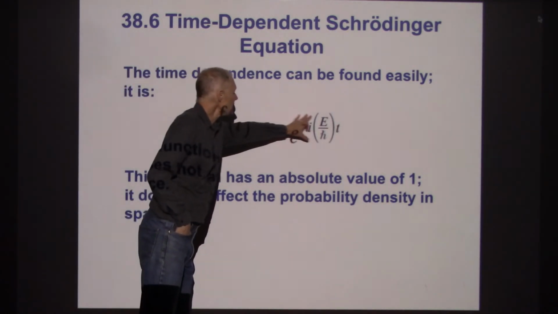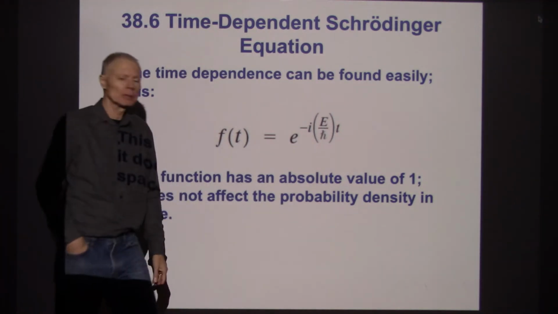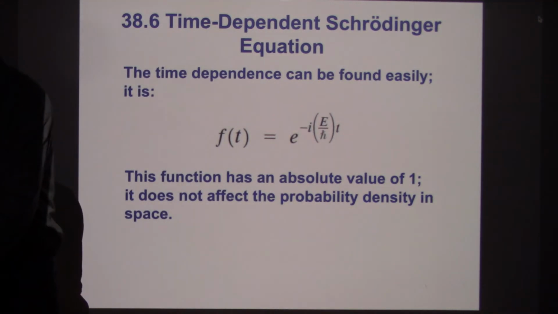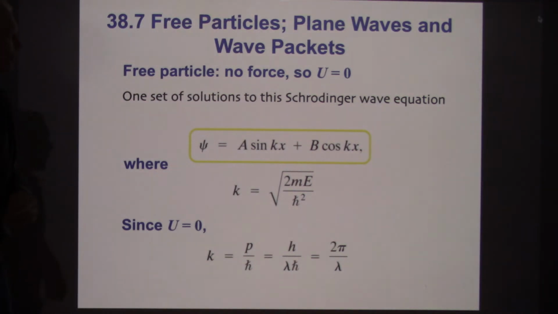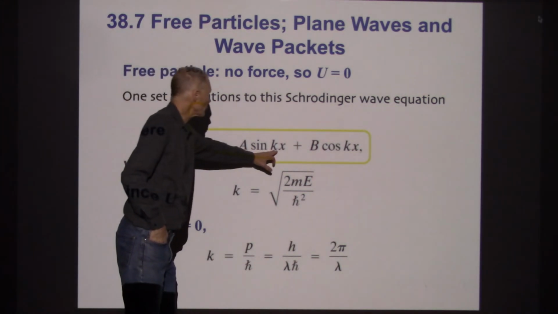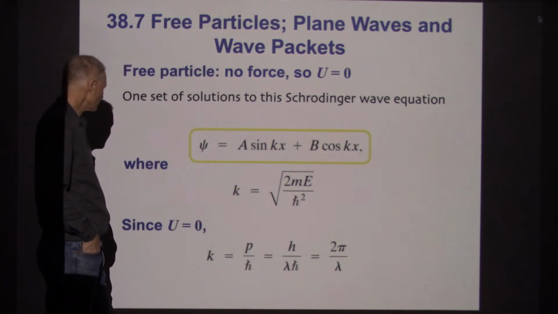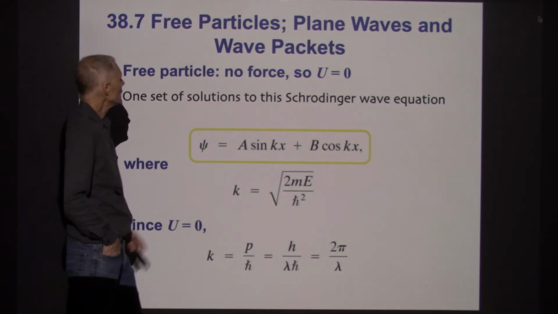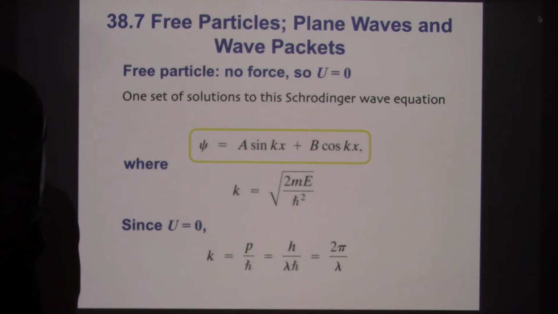That's what we were using before. Here they've written it as energy over h bar. So that time factor remains the same, and what we can do is factor out the spatial portions, the x portions here. Okay, let's move on from this.